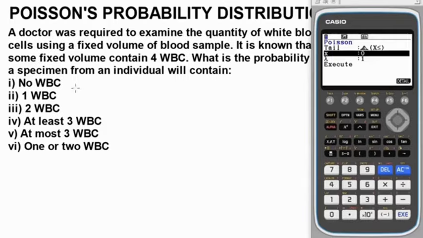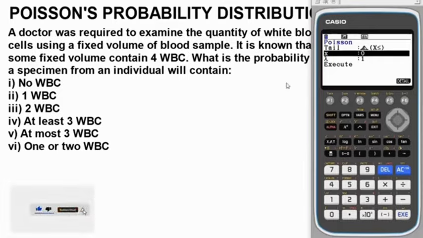Whereas our lambda will be the 4 white blood cells here in the question. This fixed volume contains 4 white blood cells, so that will be our lambda. Okay, having known this, let's go ahead and begin to solve the problem.